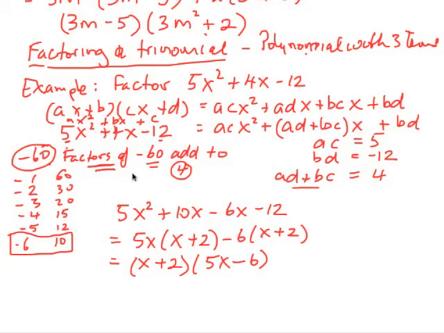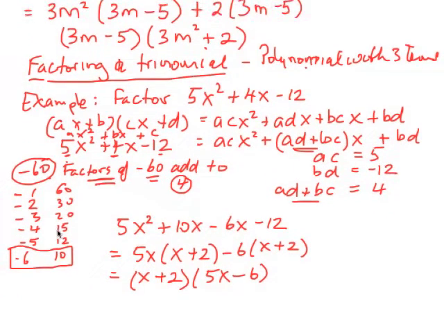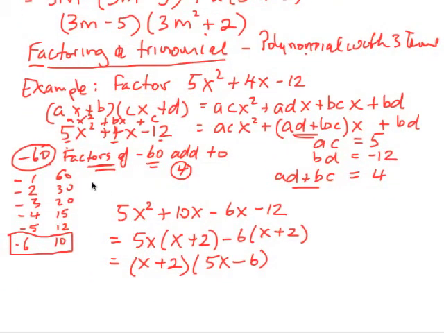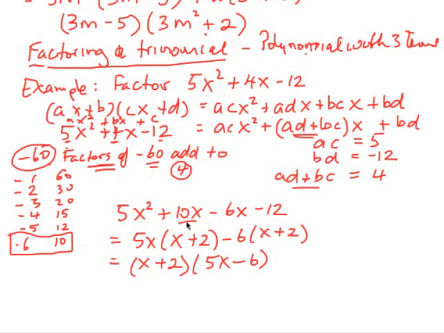So here are my factors of negative 60, and they've got to add up to this middle term, which is 4. And so consequently I work my way through what the factors of negative 60 are, get the two of them, replace the middle term, which of course was 4x, with these two multiples of x, and then use grouping.